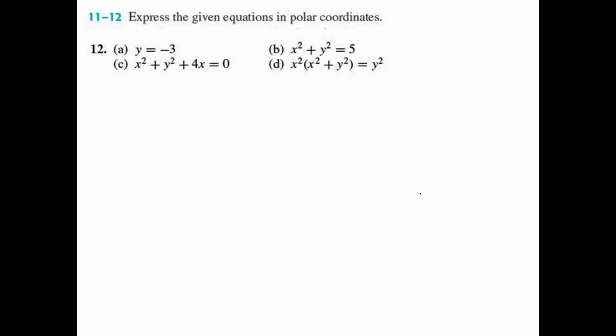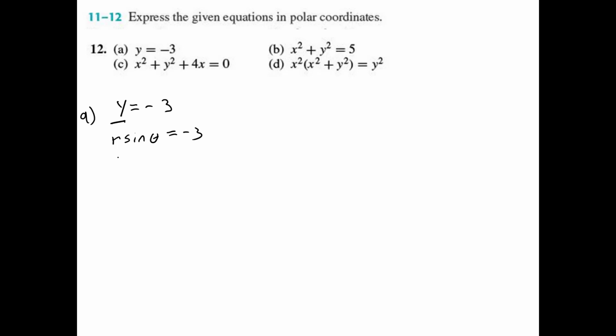Express the given equations in polar coordinates, right? So we have y equals -3. And if we want polar coordinates, we have our formulas: x is equal to r cosine theta, y is equal to r sine theta, so we can just replace the y with r sine theta equals -3.